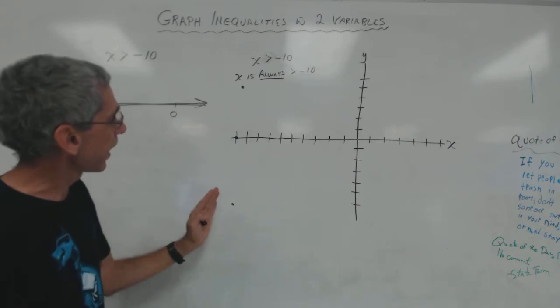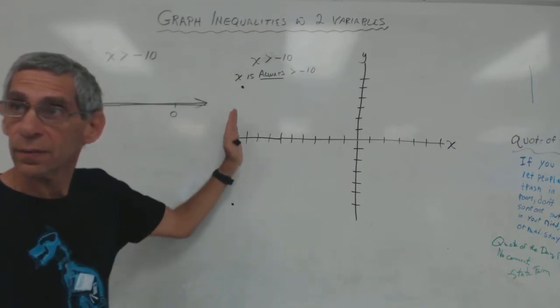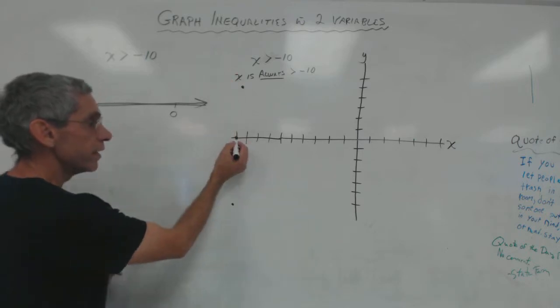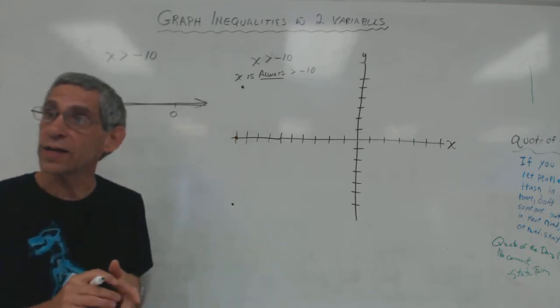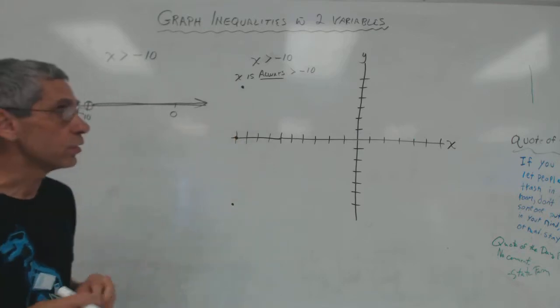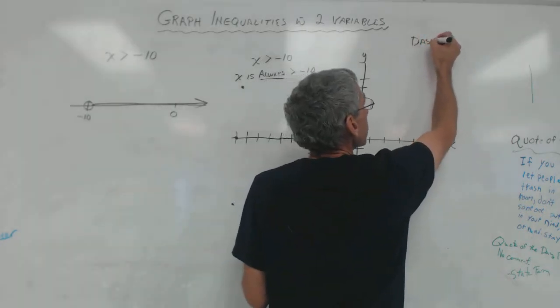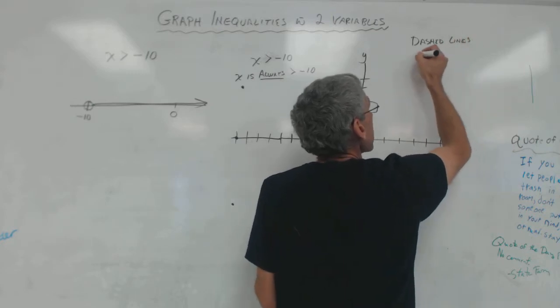So that means I actually have to create a vertical line that connects these dots. So I go to negative 10 and I draw a vertical line. Now the question is, what kind of line? There are two kinds of lines. You can either have dotted or dashed lines, or you can have solid lines.